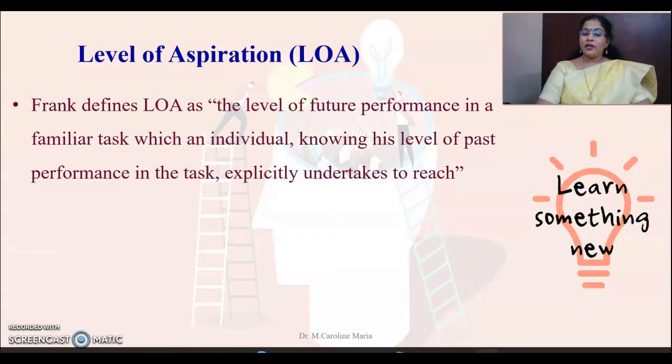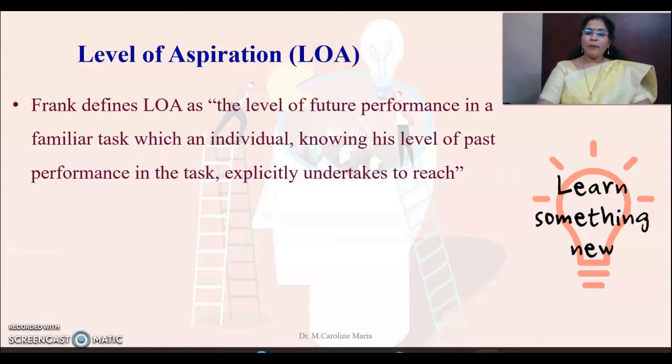Level of aspiration is the level of future performance in a familiar task which an individual, knowing his level of past performance in the task, explicitly undertakes to reach. A simple example: if you want to get up at 6 o'clock in the morning, but every day you get up at 8 o'clock, you set your alarm for 7:45 tomorrow, 7:30 the day after, then 7, then 6:30, then 6 o'clock.